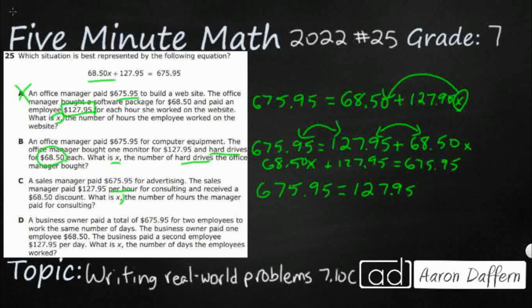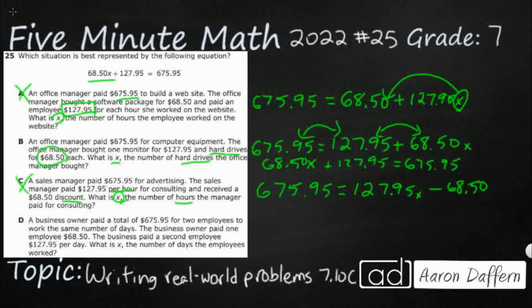And X is the number of hours, so that's where my X is going to go, and I don't want my variable there on the 127.95. I don't want to turn that into my coefficient. But we get a discount. That's at least something different than A, right? Is we're going to take away 68.50. So that's a minus. So that's wrong on two different occasions. So it's a no on the C.